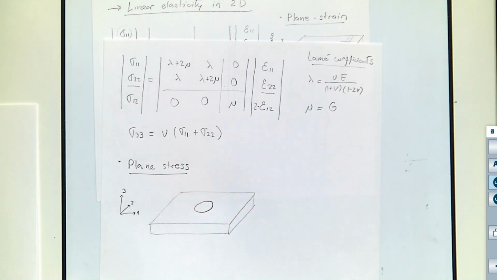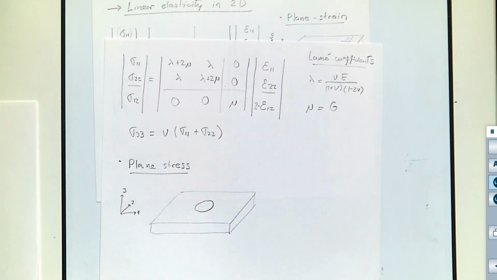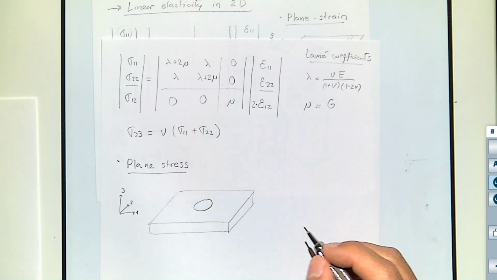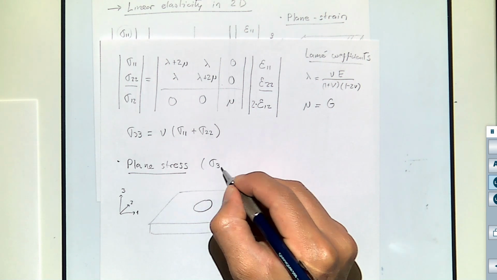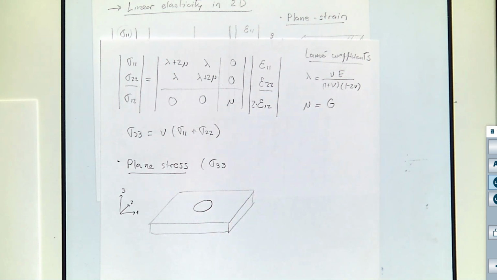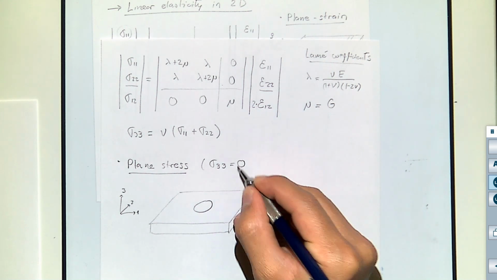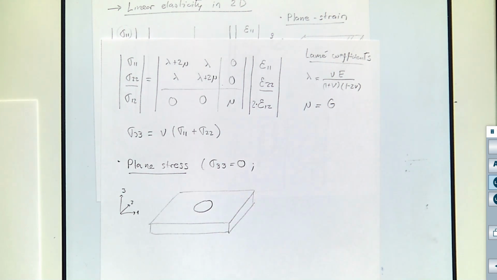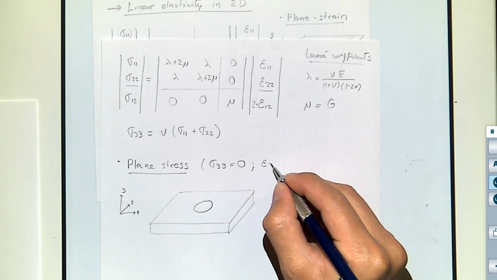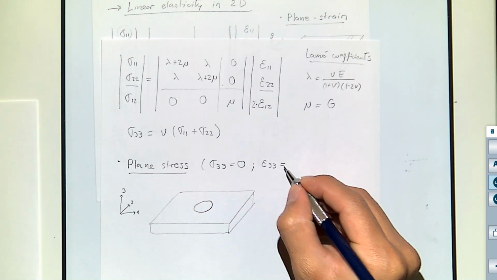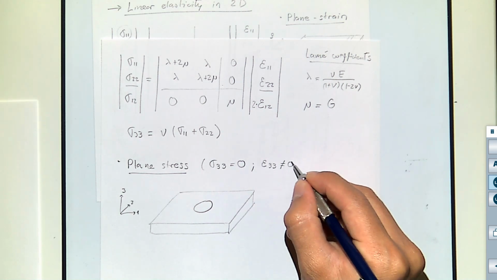Let's say that also we have an orifice in the middle. It's going to be plane stress when the stress in direction 3 is going to be equal to 0, and therefore there might be some strain in direction 3.